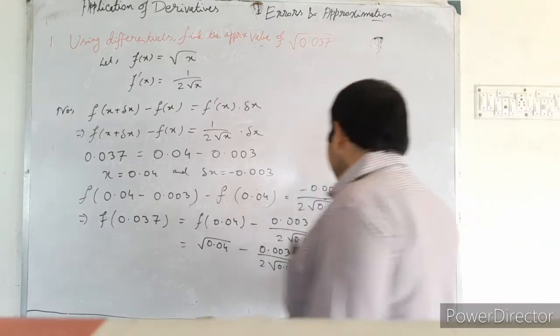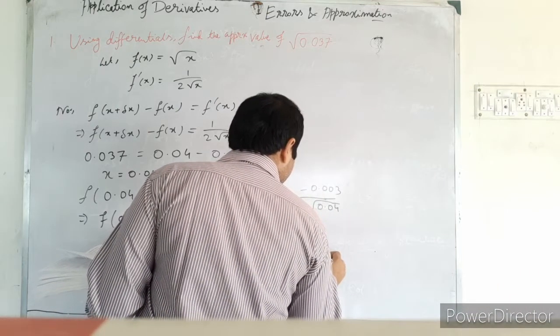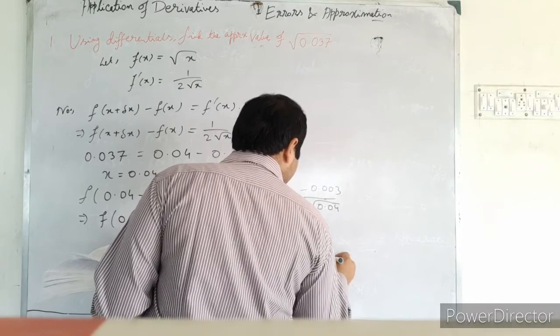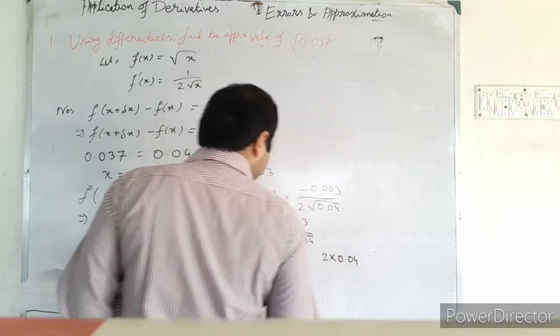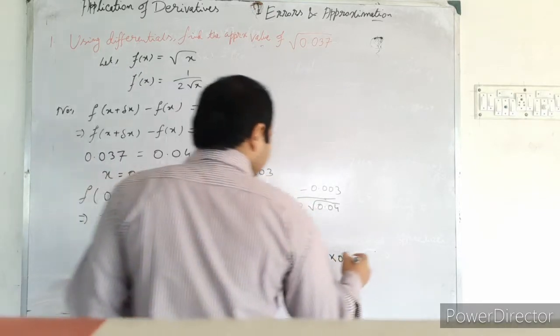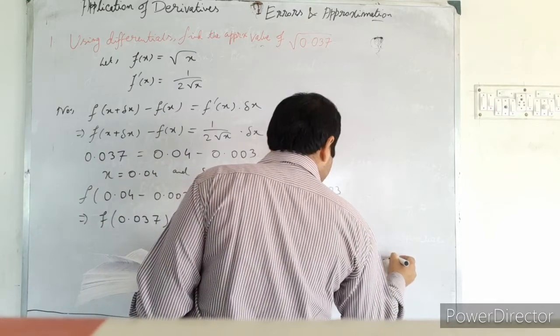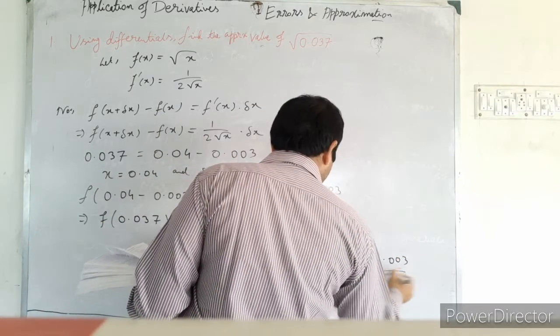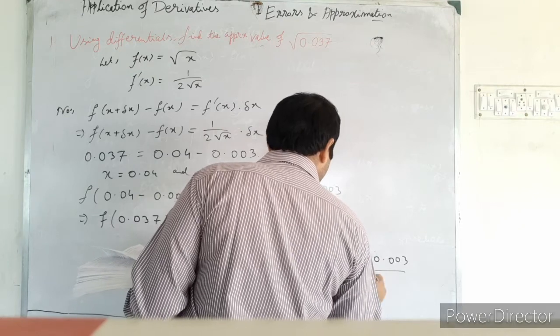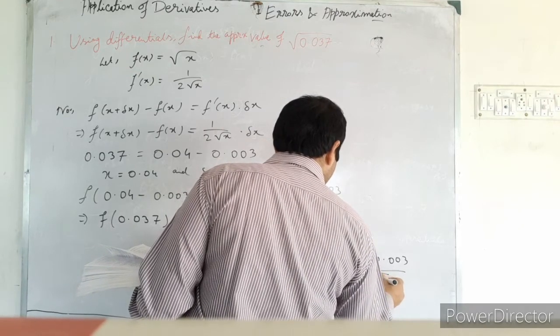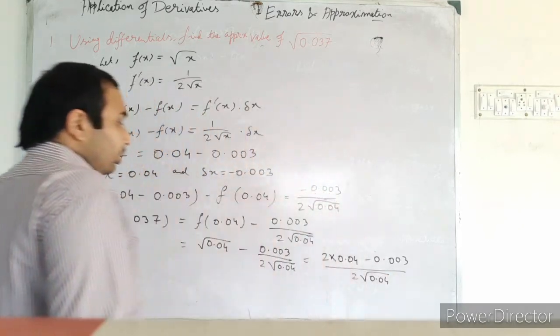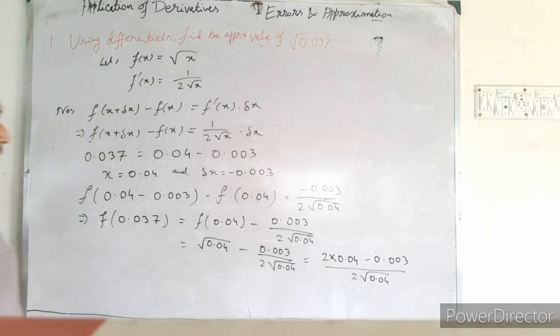Okay, I am doing like that. That is 2 into 0.04 minus 0.003 by 2 into root over 0.04. Okay.